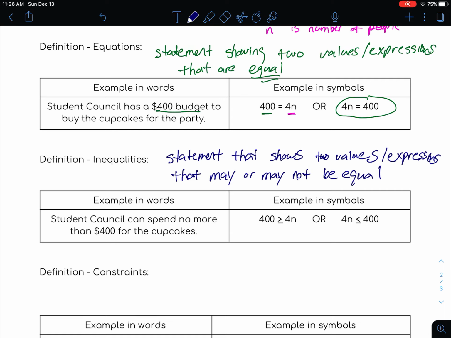I say may or may not primarily because an inequality can have kind of a half equal sign if it's a less than or equal to or greater than or equal to. Generally, you're trying to show something that's not necessarily equal, and you use symbols for that. But I want to make sure that we understand that sometimes we do have that equal sign even within an inequality.